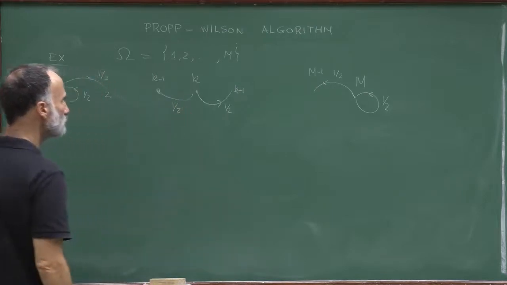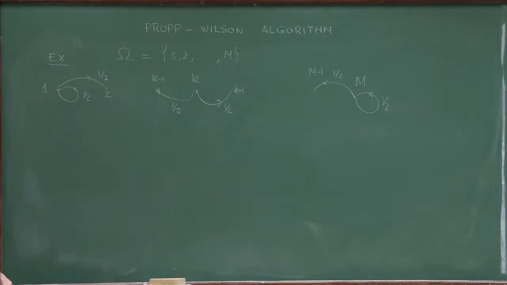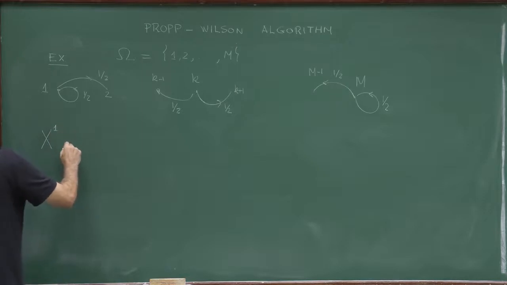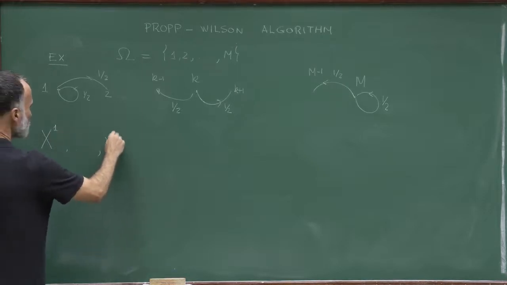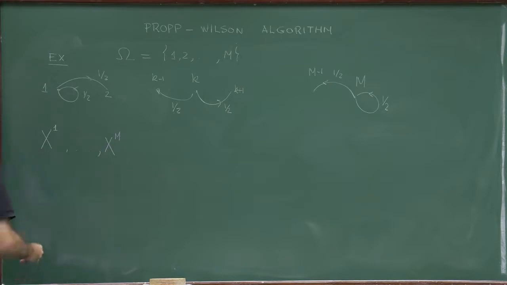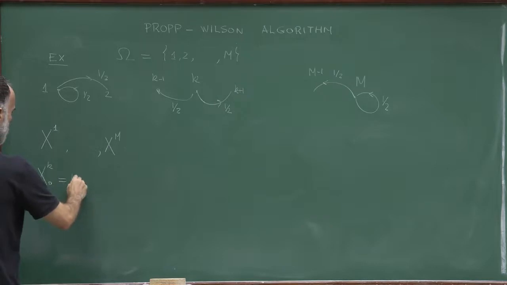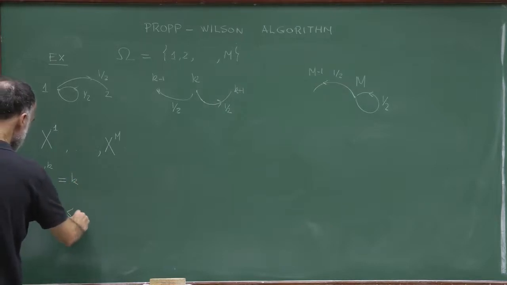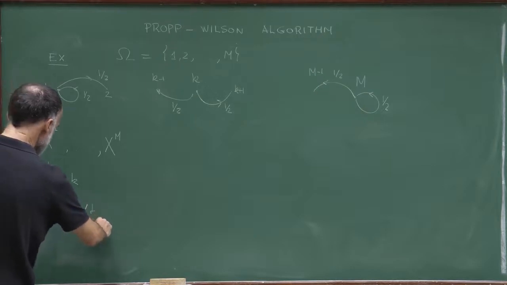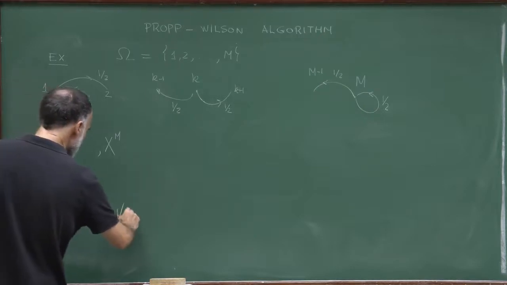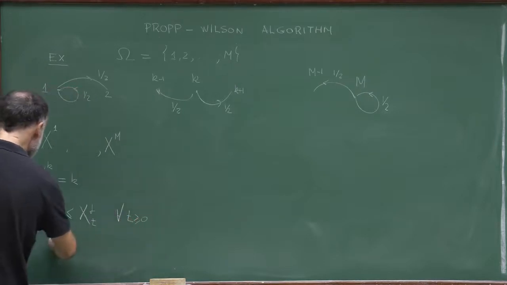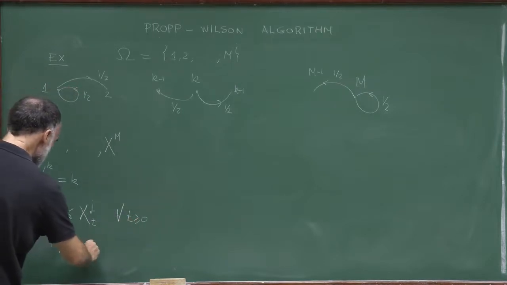So this is a Markov chain, and what I claim is that it's possible to construct a coupling between the Markov chains X^1 up to X^m, such that X^k at time 0 is equal to k, and such that X^k_t is bounded by X^j_t for all t larger than 0 if k is larger than j.